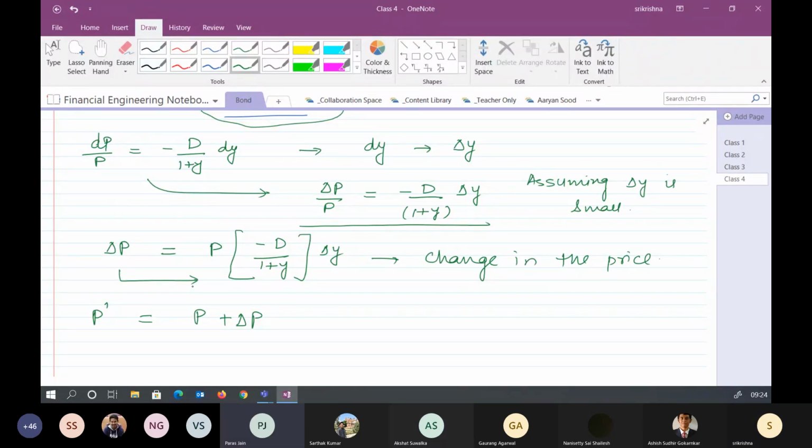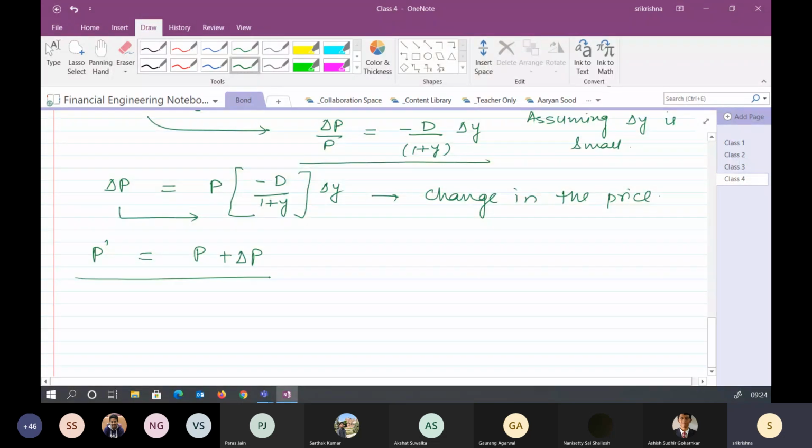So what does duration imply here in theoretical terms? I will talk about that one.